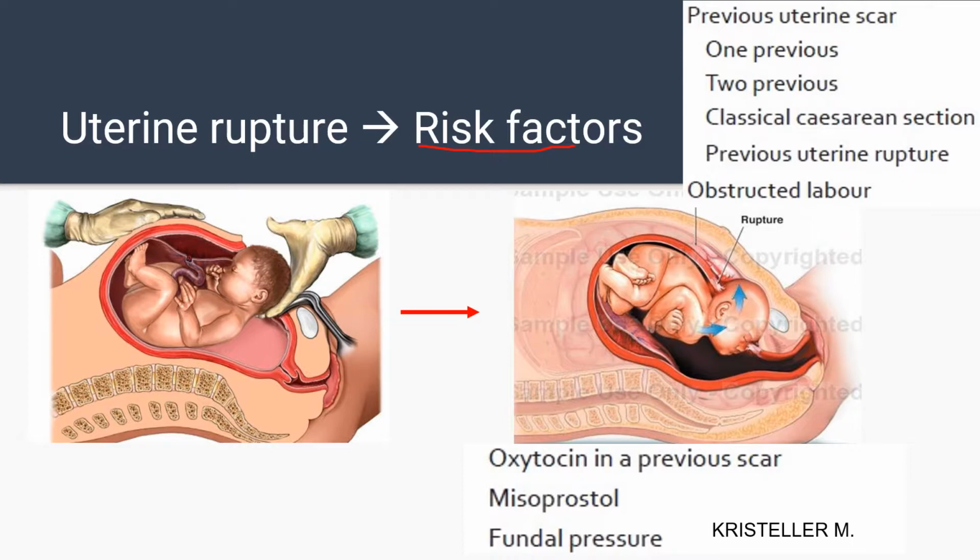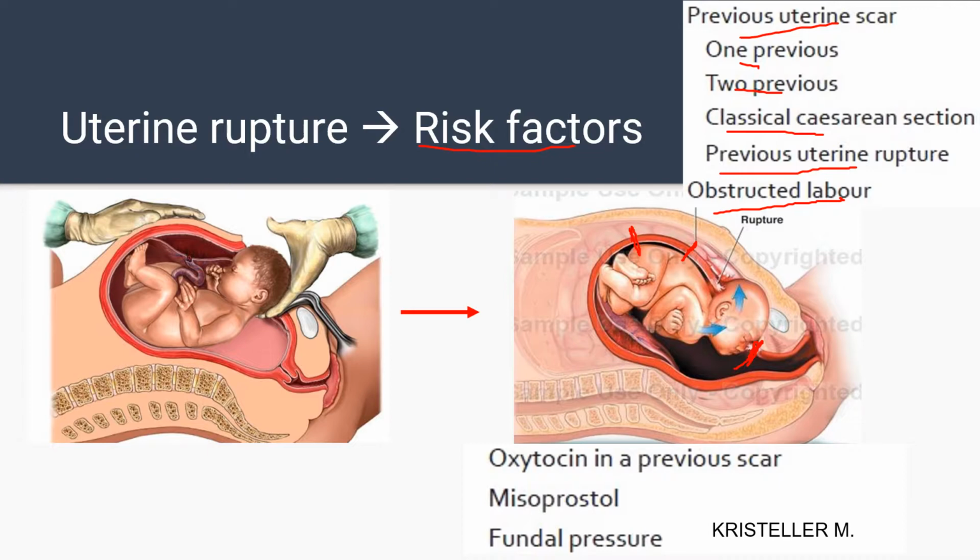I said to you that it's very related with the C-sections, so previous uterine scar, 1 or 2, or a classical cesarean section, that is a C-section that is not in the segmental part of the uterus, it's in another part, maybe in the fundus or in the body of the uterus. Also, a previous uterine rupture is an important risk factor, and obstructed labor is also a risk factor for uterine rupture.